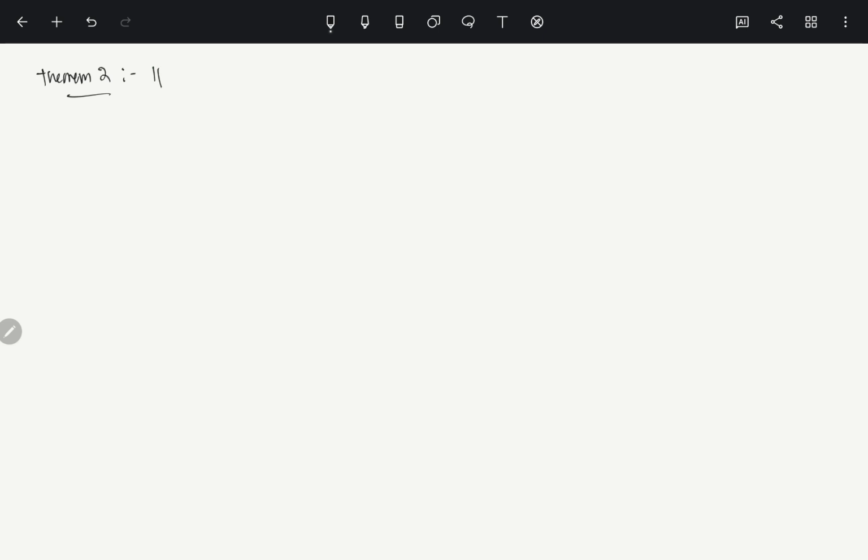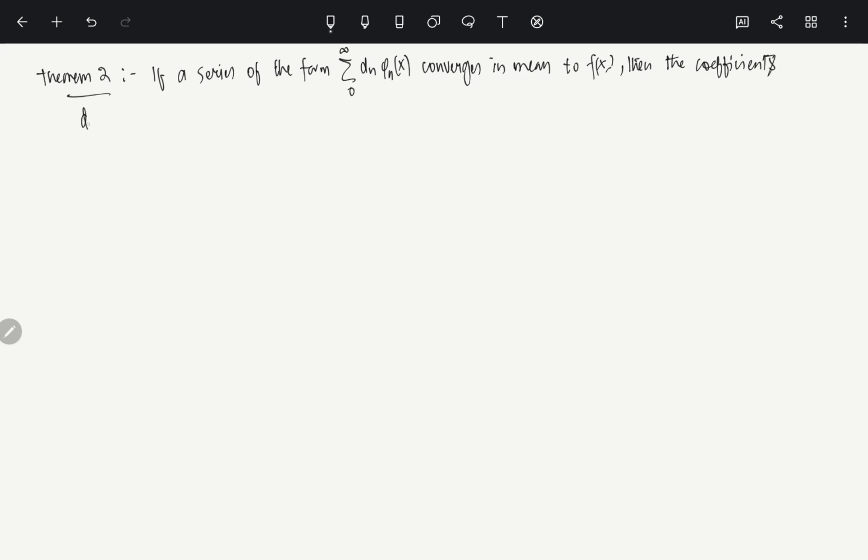What is this theorem? If a series of the form summation from 0 to infinity of dn phi n of x converges in mean to f of x, then the coefficients dn must be the Fourier coefficients of f of x.